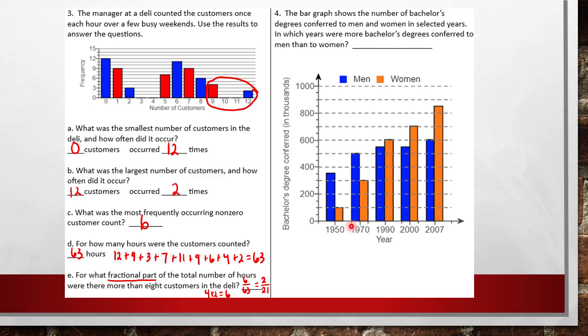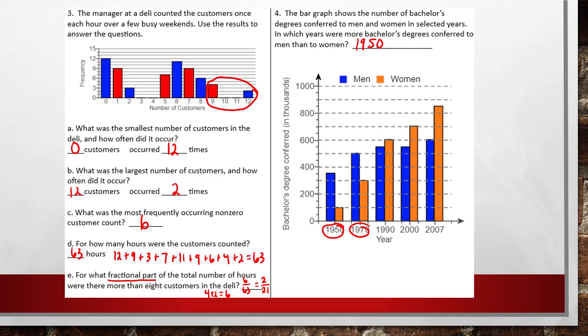So we're looking for what years we have more men than women. So the blue bars are taller than the orange bars. We can see that happened in this year and in this year. After that, the women had more degrees, which does seem to be the current trend, that more women are going to school and graduating with degrees than men.